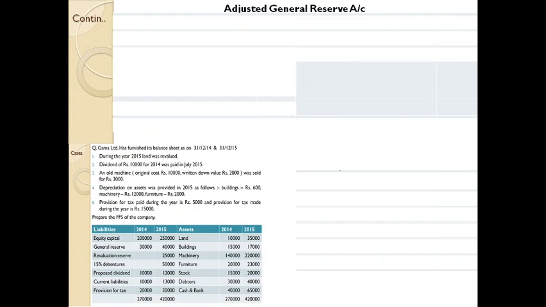Whenever there is no information regarding P&L account given in the question or in the additional information, the assumption is that you have to rely on the general reserve item. In this question, general reserve is given. So we will take the difference of 40,000 and 30,000 as profit during the year. It is an assumption. Whenever there is no P&L account, you have to depend upon general reserve.